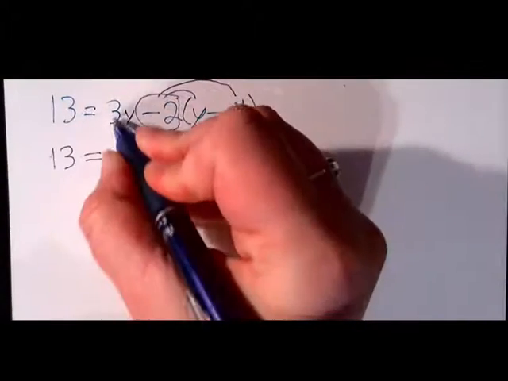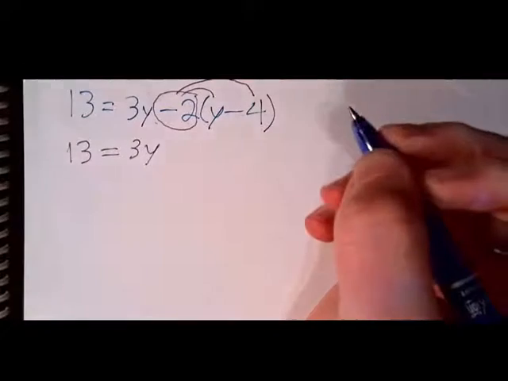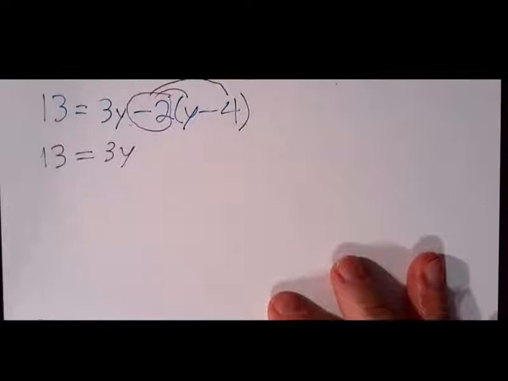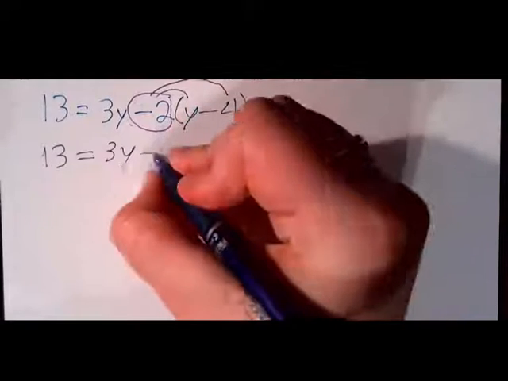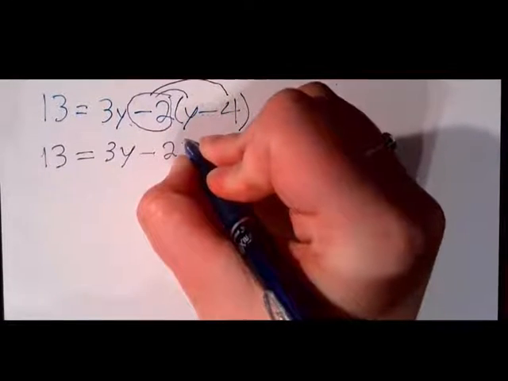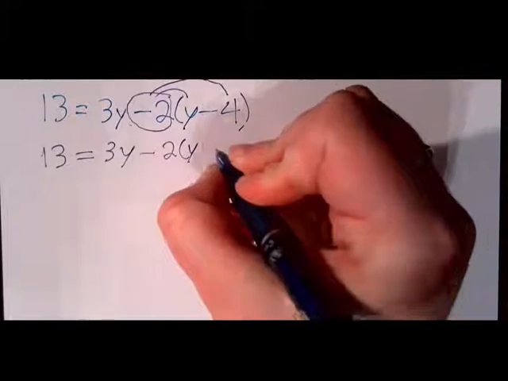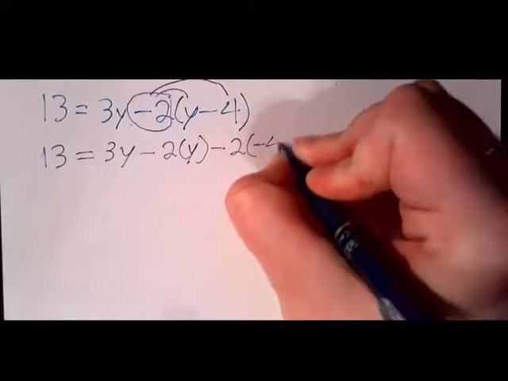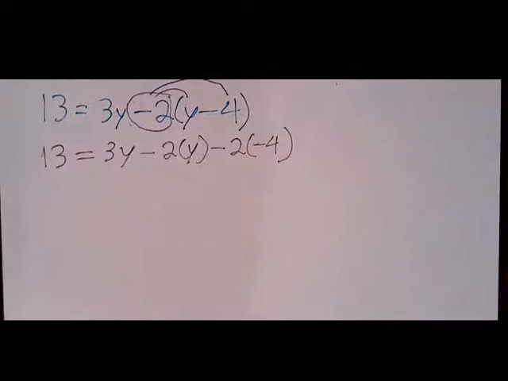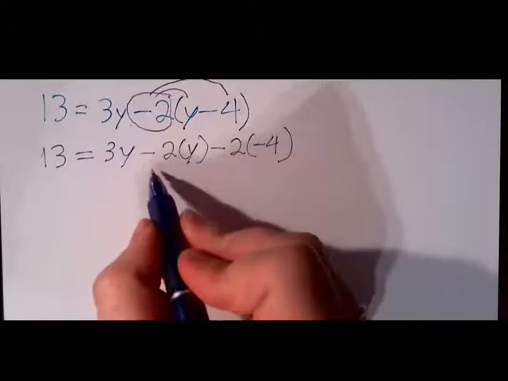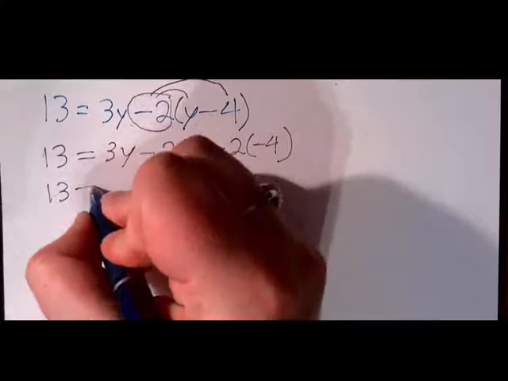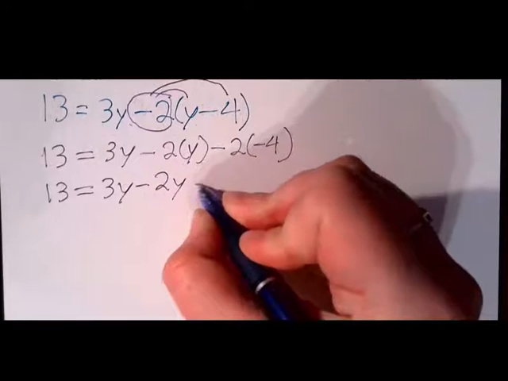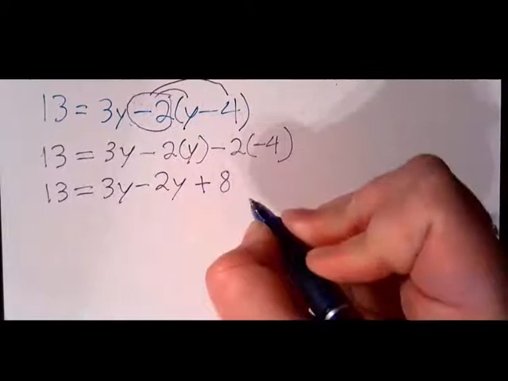So 13 is equal to 3y, because we haven't done anything with that yet. Okay, minus negative 2 times y minus 2 times negative 4, which gives me 13 is equal to 3y minus 2y plus 8.